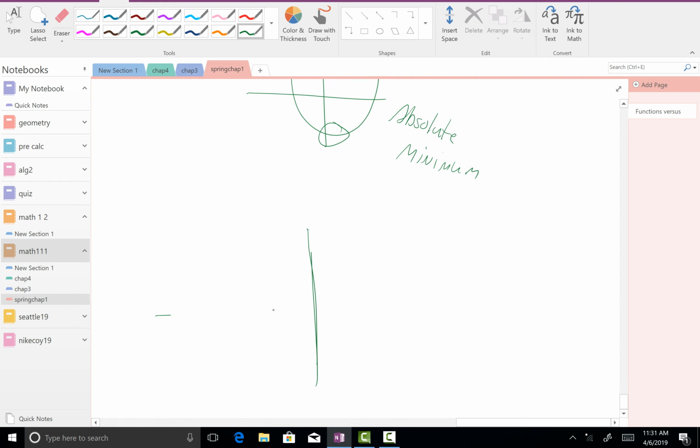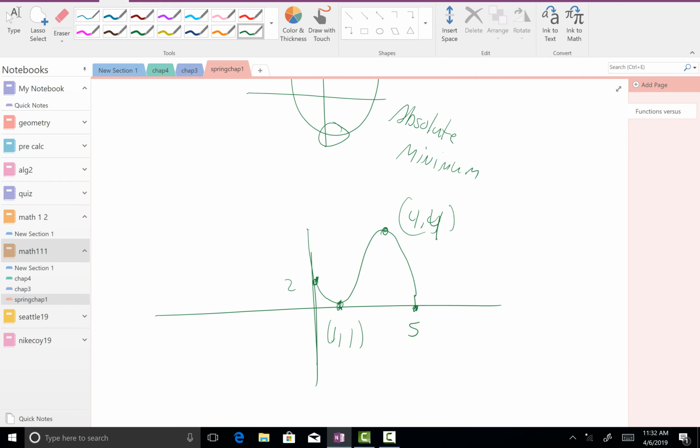They have a graph like this: it starts here, goes down, goes up, and ends right here. They call this 5, this 2, this 1, and this one 4. So the question is, are these absolutes or locals?